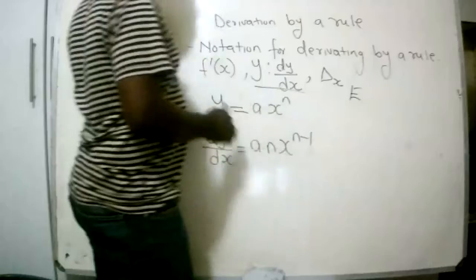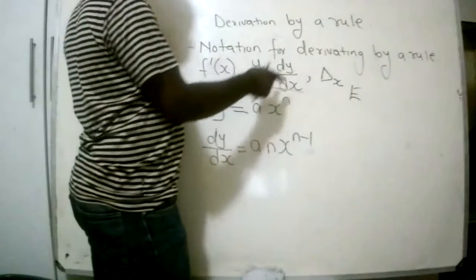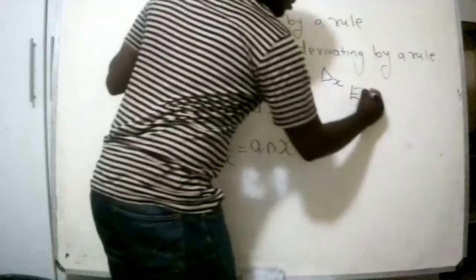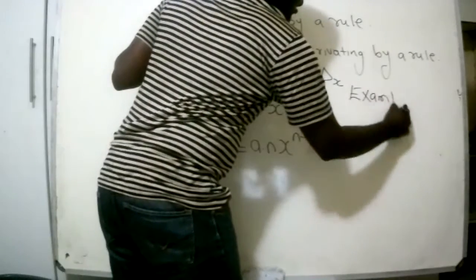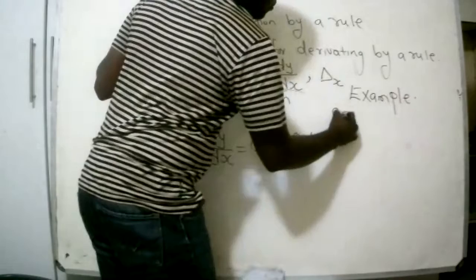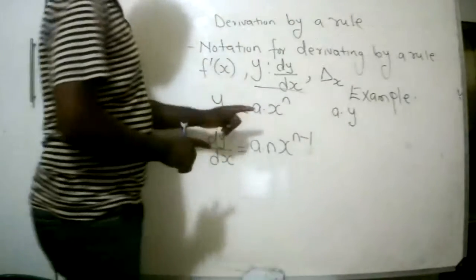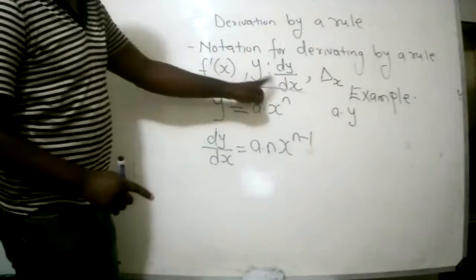This is an example. We're going to use it in different notations: in this notation, in that notation. So I will pick a straightforward example which we can work with. The first one is when we have y. We're first dealing with that by using the middle notation.